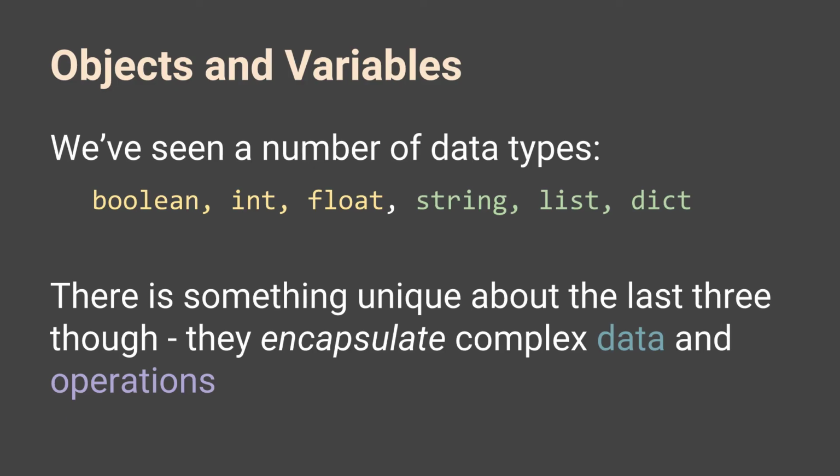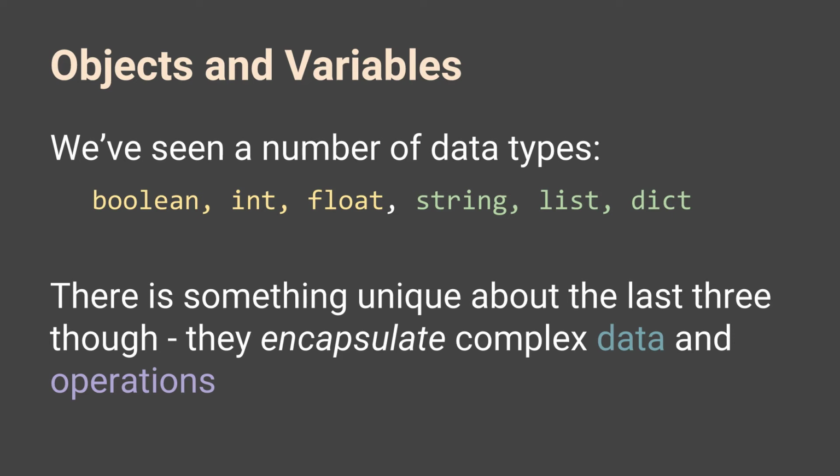So, like I said, we've seen a number of different data types. Boolean, int, float, those are all basic scalar data types. We've seen strings, tuples, lists, dictionaries. There's something a little unique about the ones that are listed in green here, and tuples would be included as well, in that they encapsulate some complex data and some operations.